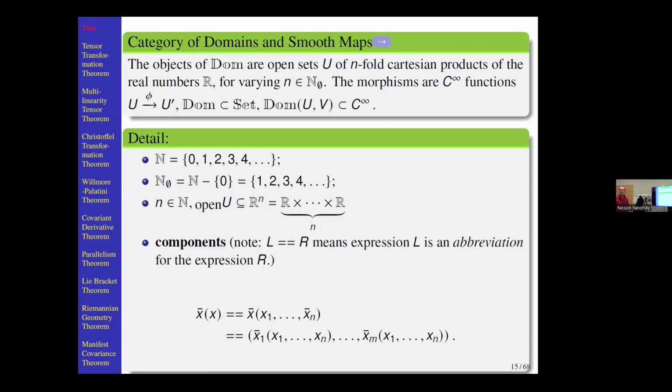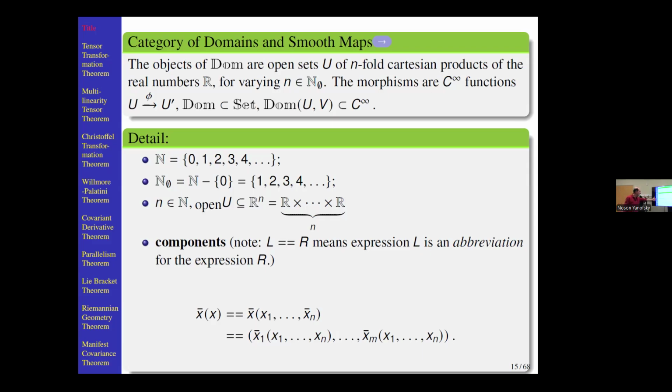It's a rather complicated thing, and I feel that the heart of the matter is when two charts overlap. When two charts overlap, that's when you have a diffeomorphism between the coordinates from one of the charts to the coordinates in the other chart. So it's the overlaps that matter. So the category of domains is really the overlaps. And it's a very simple category. The objects in the category are open sets in R^n, with n varying from 1 up, and morphisms are C-infinity maps. Smooth, I'll just call them smooth maps.